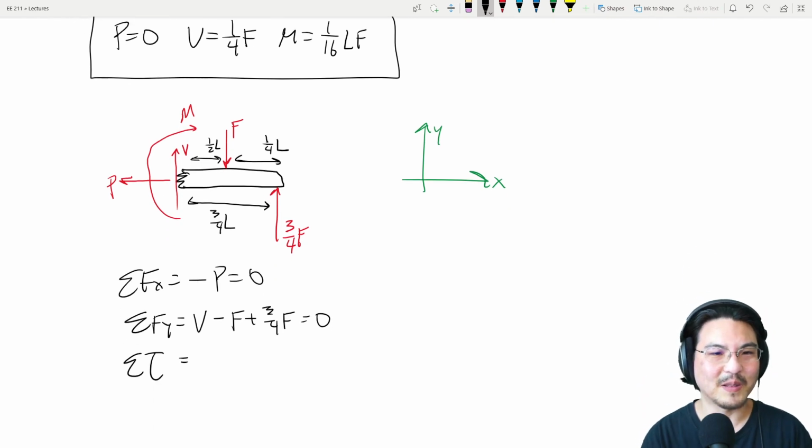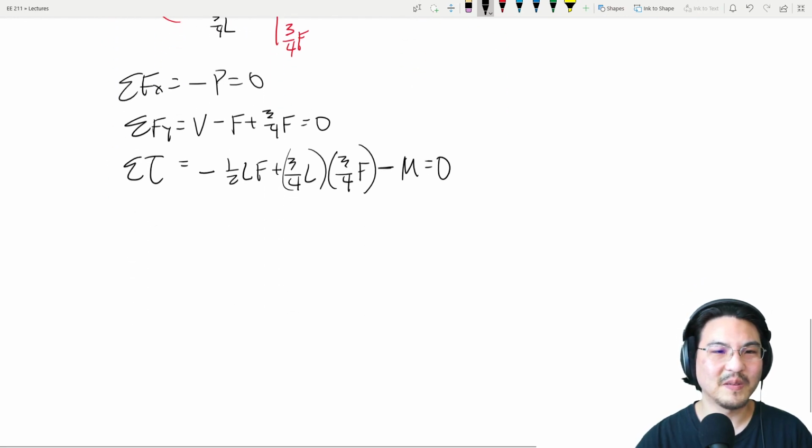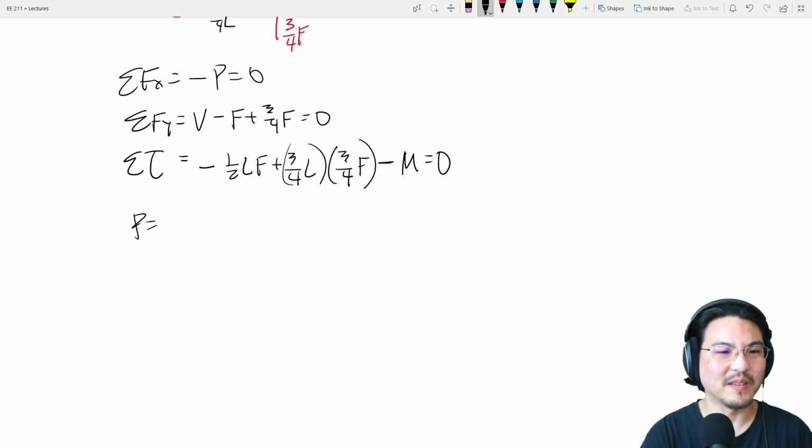Okay, so the torque about right here is negative 1/2 L times F plus 3/4 L times 3/4 F. Okay, and then let's not forget this couple, which is in the negative z direction. All right, so P is 0.